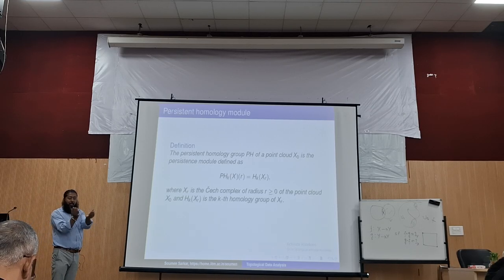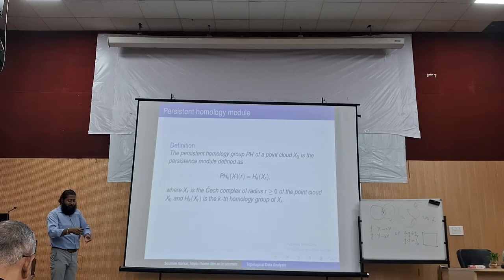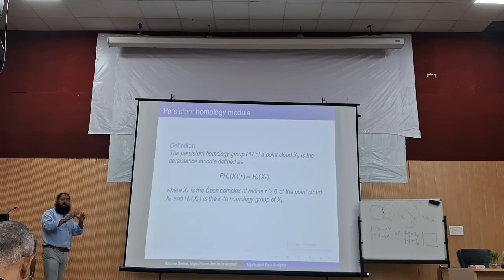How many holes are there? That will determine the shape of the data, because after some time a k-dimensional sphere can fit into it which cannot be contracted. So that is measured by this kth homology.